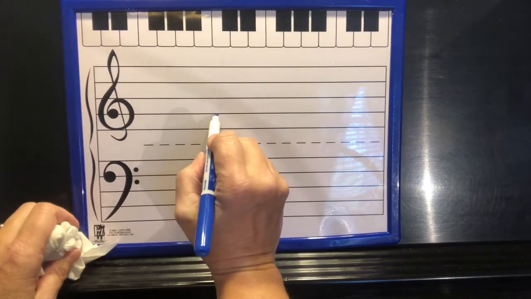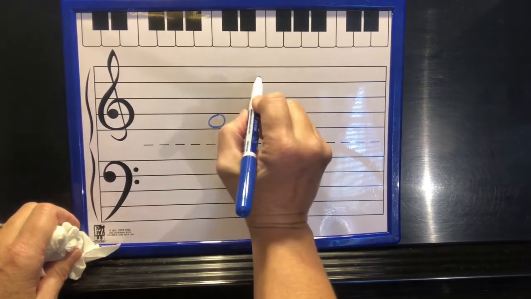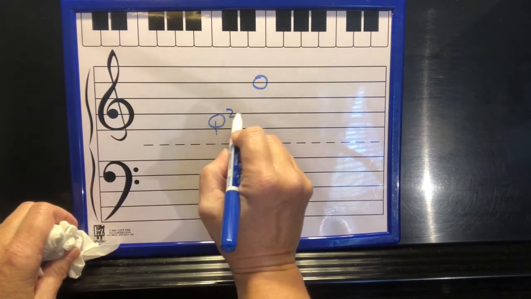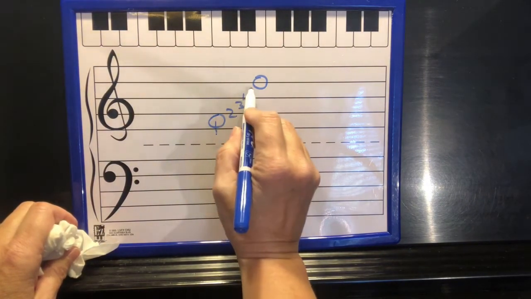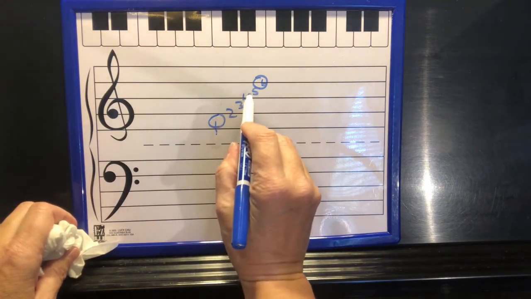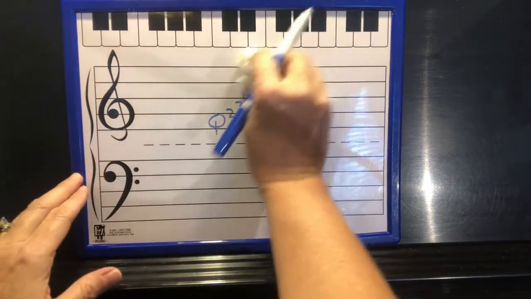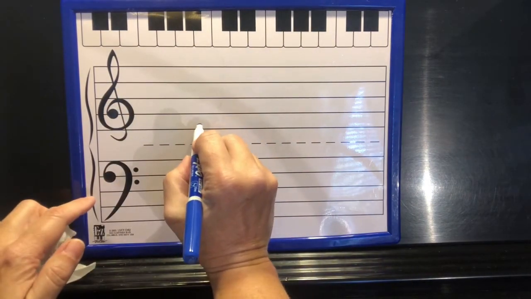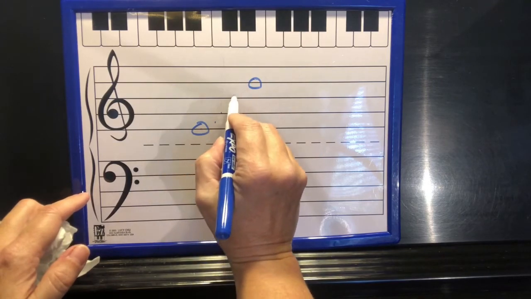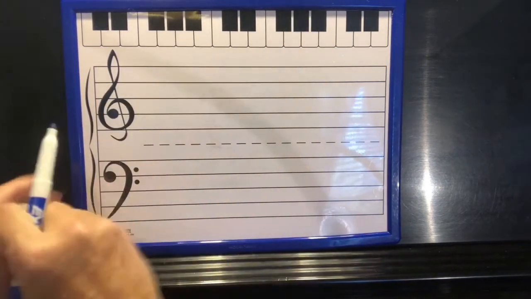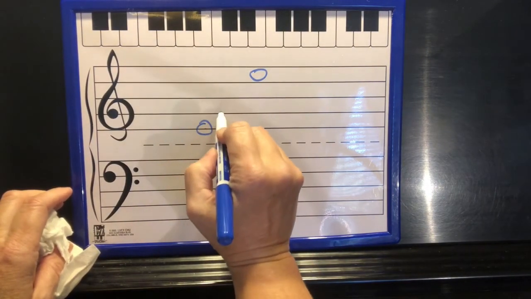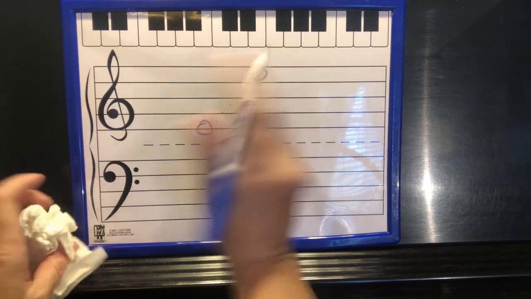Here's a sixth on the staff. 1 on the space, 2, 3, 4, 5, 6. Space, line, space, line, space, line. Interval of a sixth. Here's a seventh. 1, 2, 3, 4, 5, 6, 7. And here's an eighth. 1, 2, 3, 4, 5, 6, 7, 8.